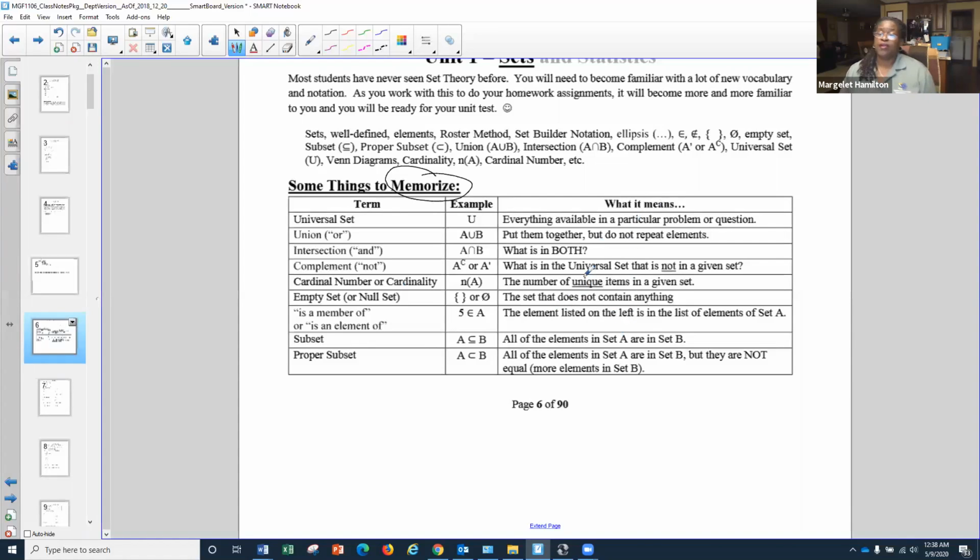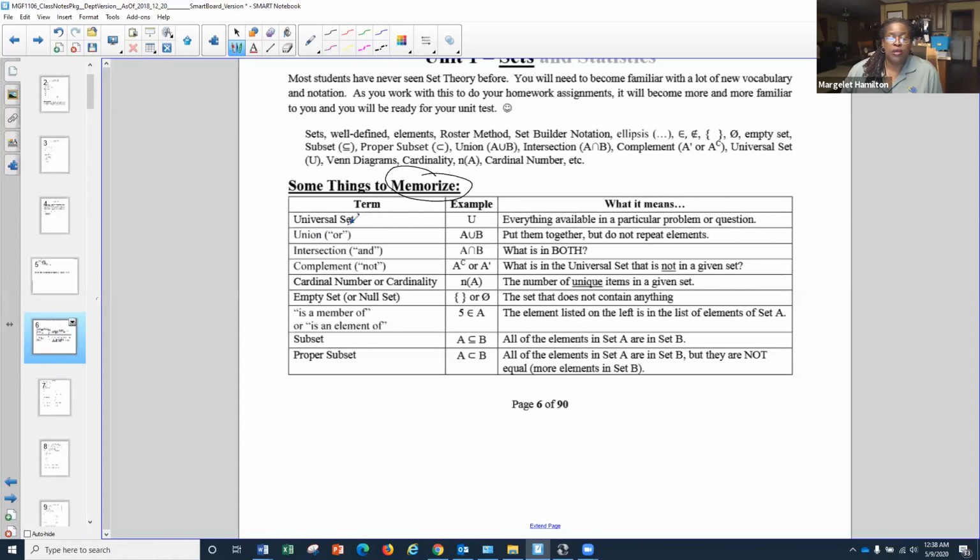Now feel free to rewrite these definitions in your own words, lay terms, and sometimes I'll do that to make sure we know exactly what it's talking about. All right, here we are looking at the universal set. We're going to use a capital U for this. Usually it's a big slanted U. Here we're using just a very big uppercase U, which means everything available in that particular problem or question. And they'll outline that for us so we'll know exactly what we're talking about.